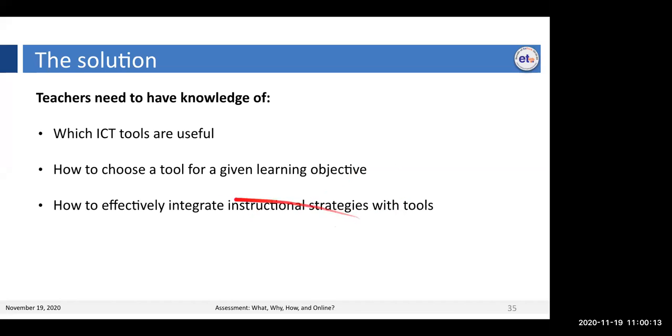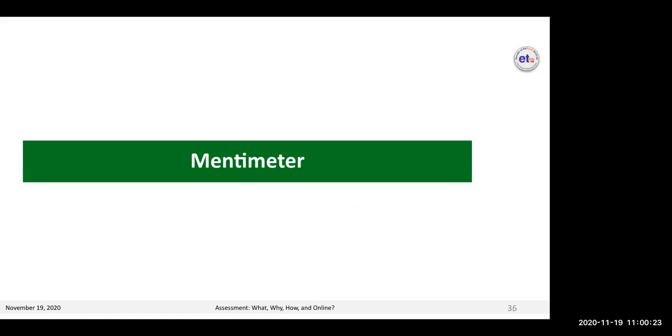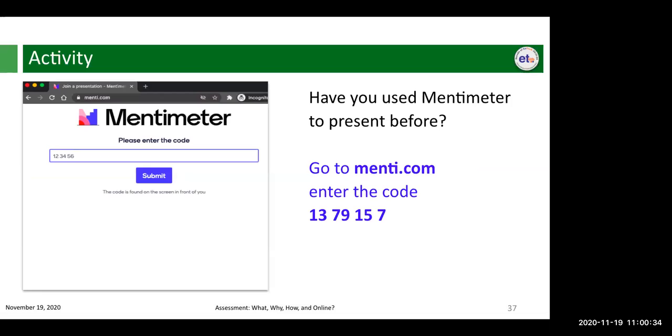Now I will show this with an engaging demonstration, and we can look at it. I will talk about Mentimeter. Before I give examples or show some activity, I will start with a question for everyone.